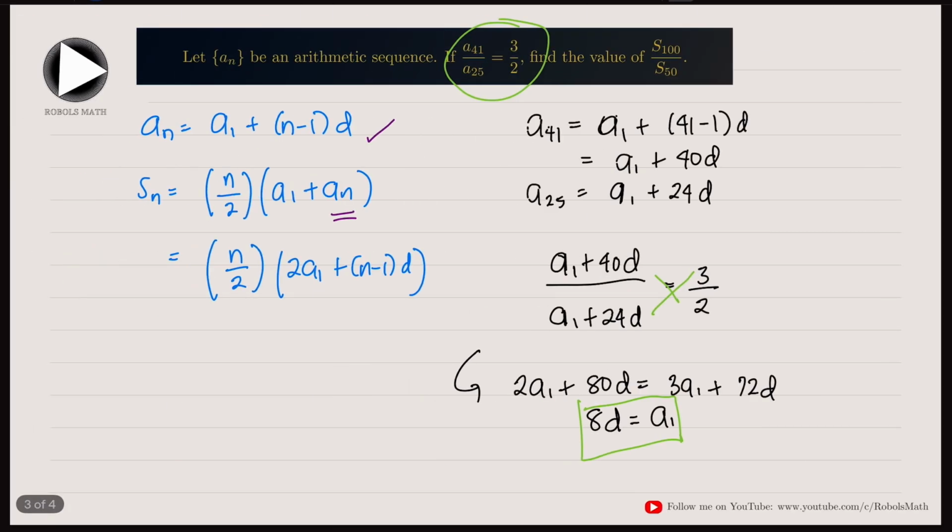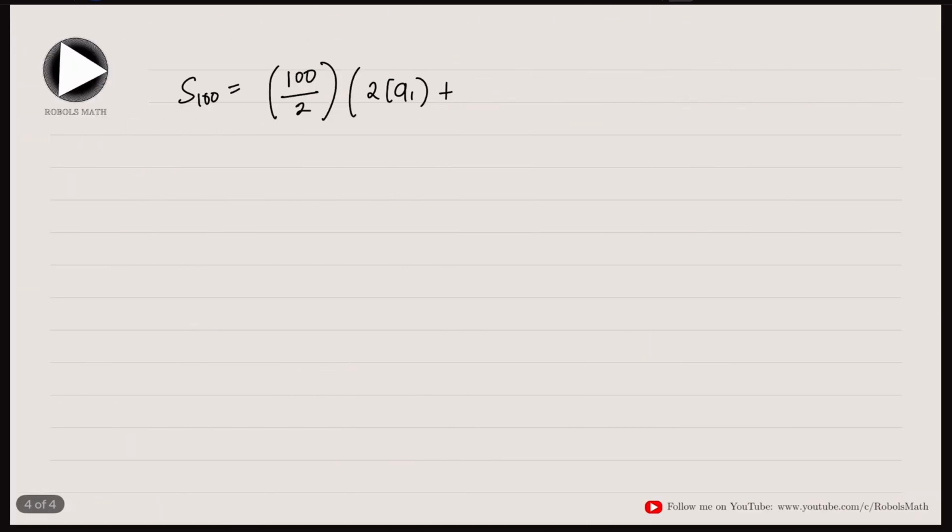So that's S sub 100 using the second formula that we have, that's n over 2, so 100 over 2 times 2 times a sub 1 plus n minus 1 times d, so that's 99 times d.